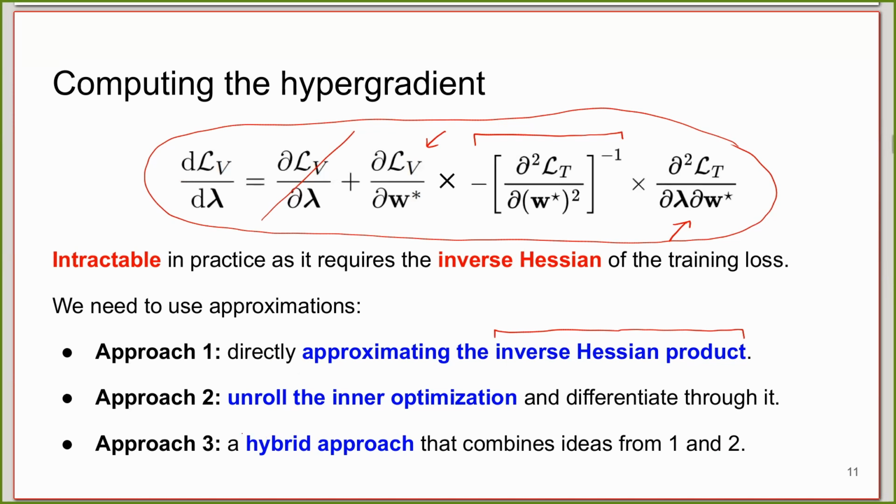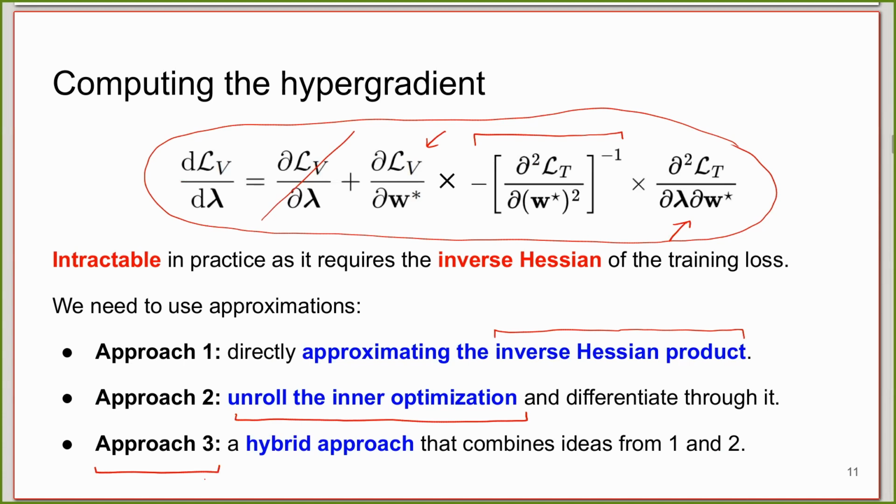And this is often called unrolling the inner optimization and differentiating through it. And that's something that we could consider. It has some limitations as well, as we're going to see, but it may work in some settings. And then another thing, which is what I'm going to focus on more in this lecture, is a hybrid approach that is going to combine ideas from both. Okay. So now let's get going and let's see how these different methods work.